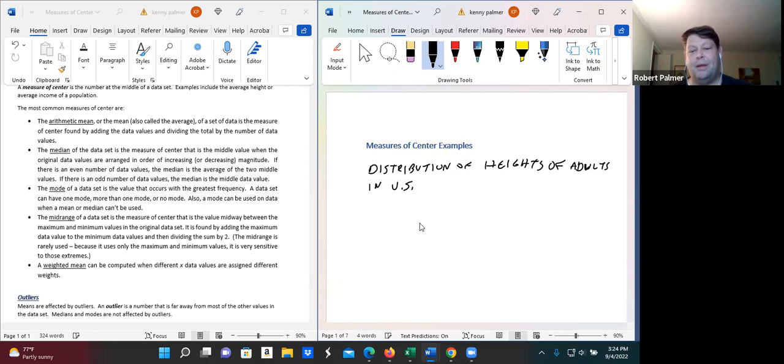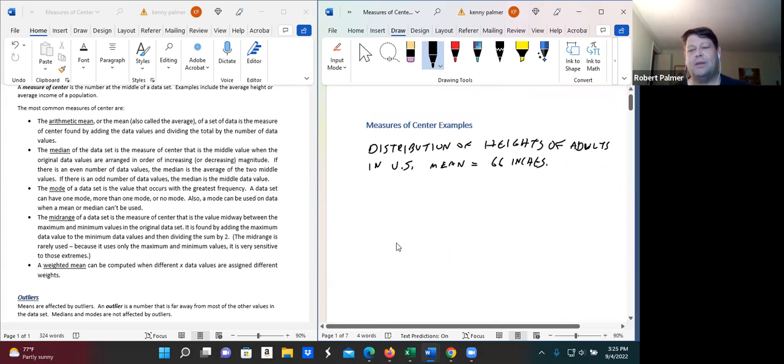Now, right now I'm making this up, but let's say the average, or mean, is 5 feet 6, or 66 inches tall, for men and women. I'm not sure if that's right, but that's close enough for an example.